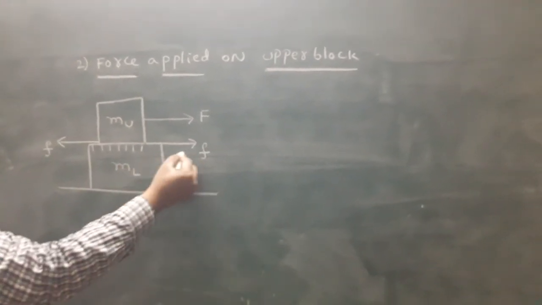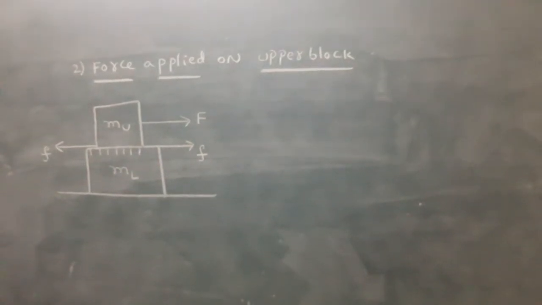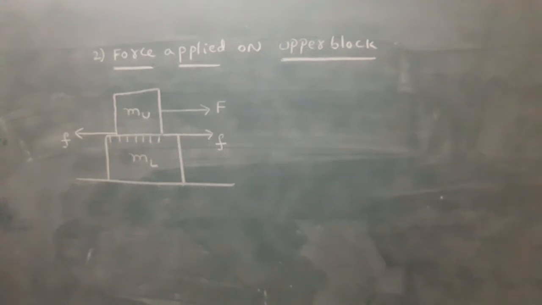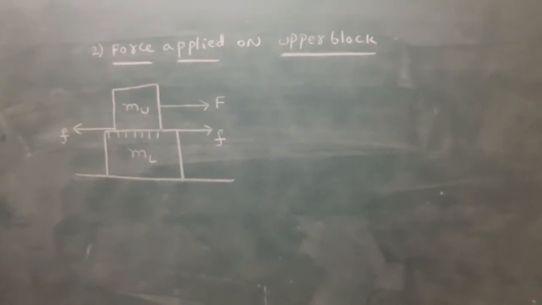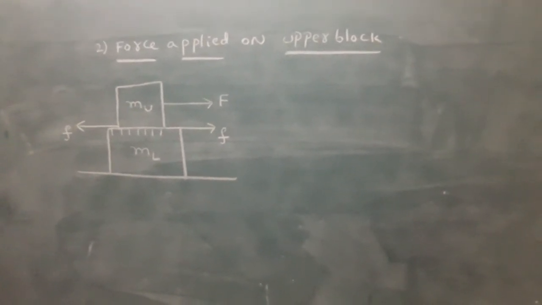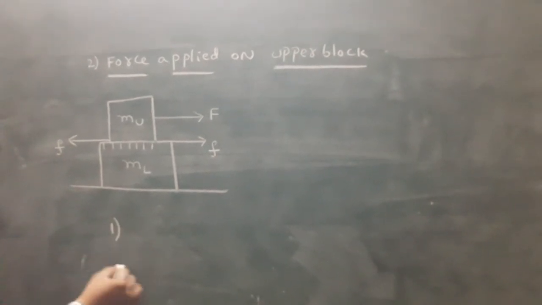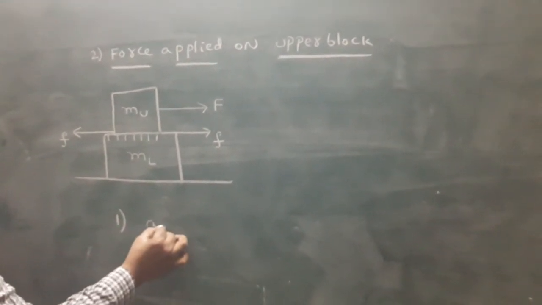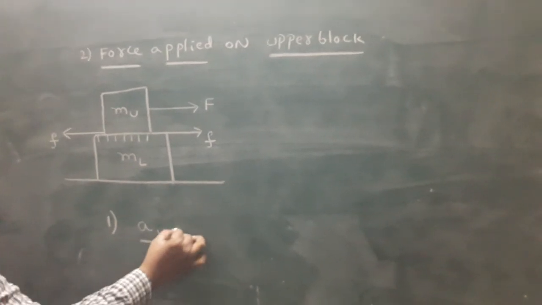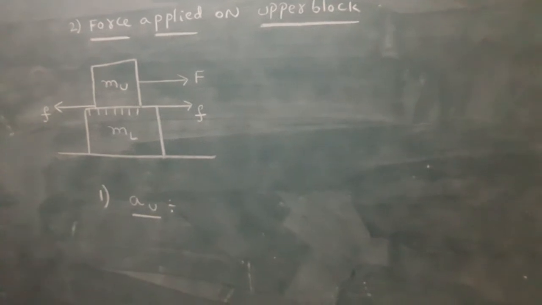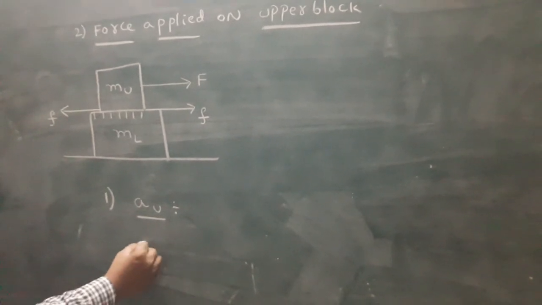On this block, friction acts forward, because friction is a pseudo force. Here also, first determine the acceleration of the upper block. This is the question. In the question, I take the upper block.